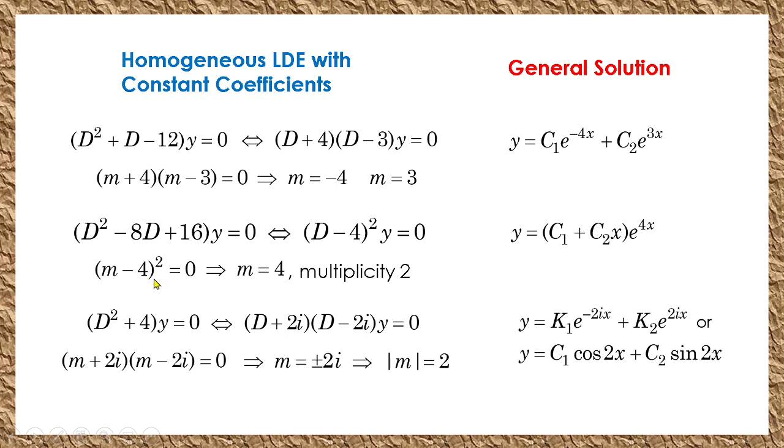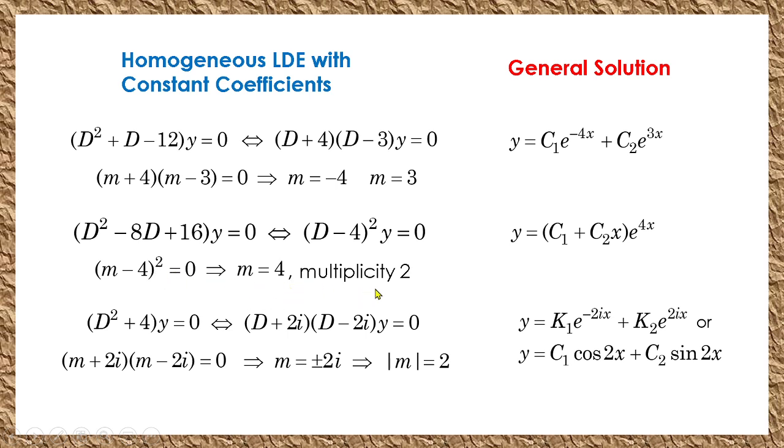If you have the associated polynomial equation, you do not include y anymore, you just replace D by m, or any letter you want except of course D, but normally we use m for the auxiliary equation, no? Remove y and then equate to 0, then you will now have the associated polynomial equation.